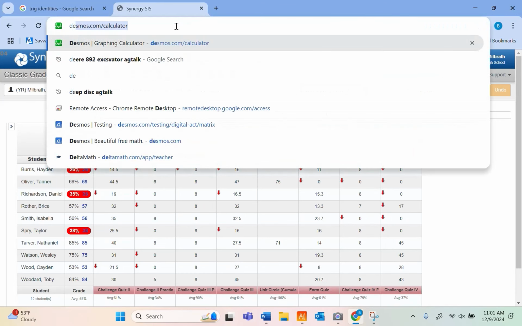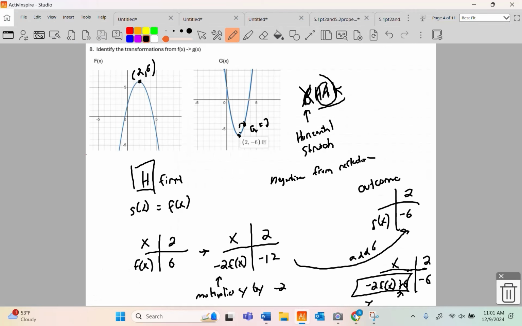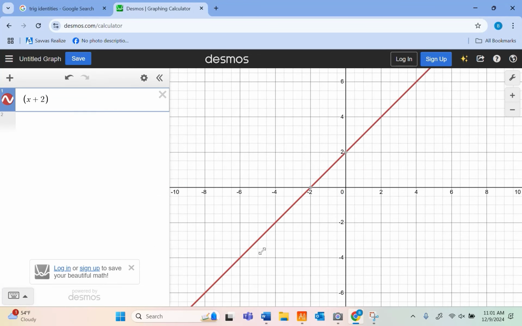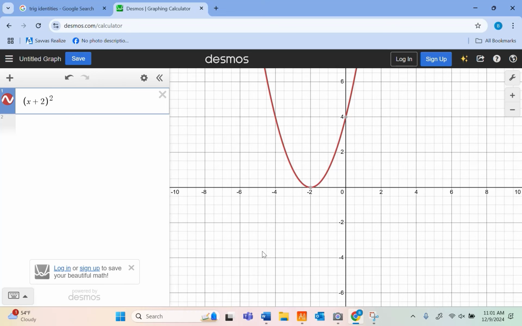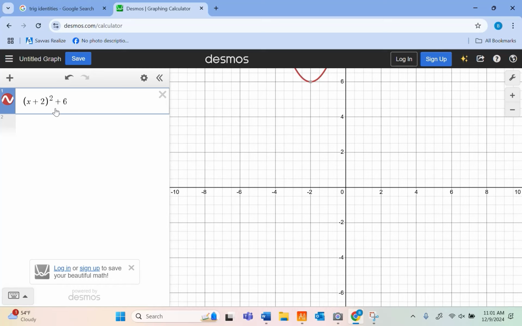Let's just go to Desmos. So the original function, if you think about it in vertex form, is x minus 2 quantity squared plus 6. I'm going to graph that. Yeah, I think it was negative, wasn't it? Sorry, it's x minus 2. Like, what's wrong with me?